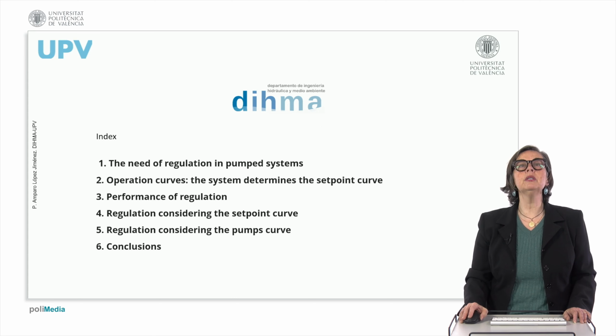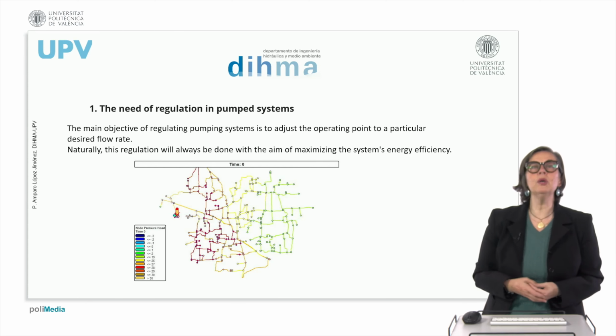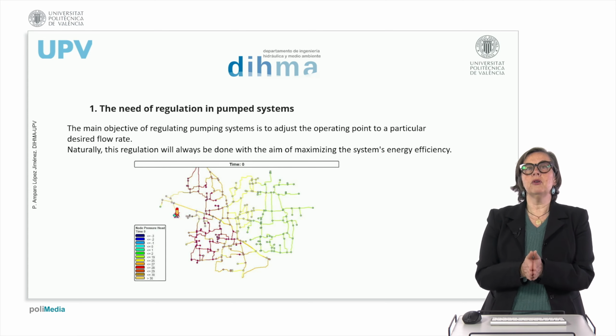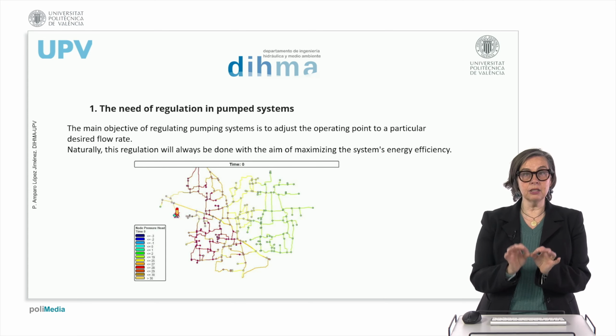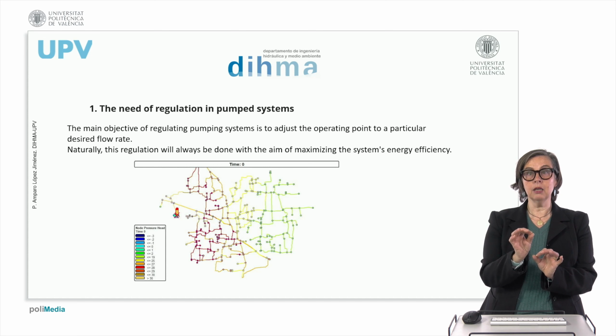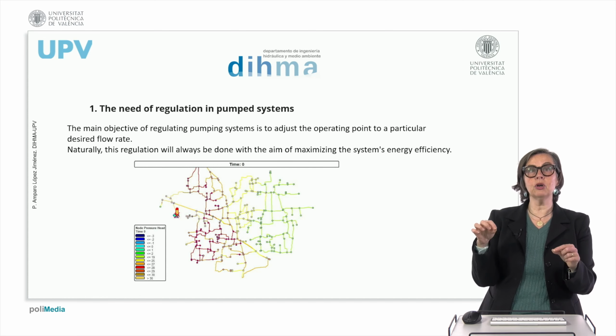So the first thing we will be speaking about is why we need regulating the pump systems. Well, the main objective of regulation is to adjust the operating point to a particular desired flow rate, because we need a particular flow rate, not a range of this.